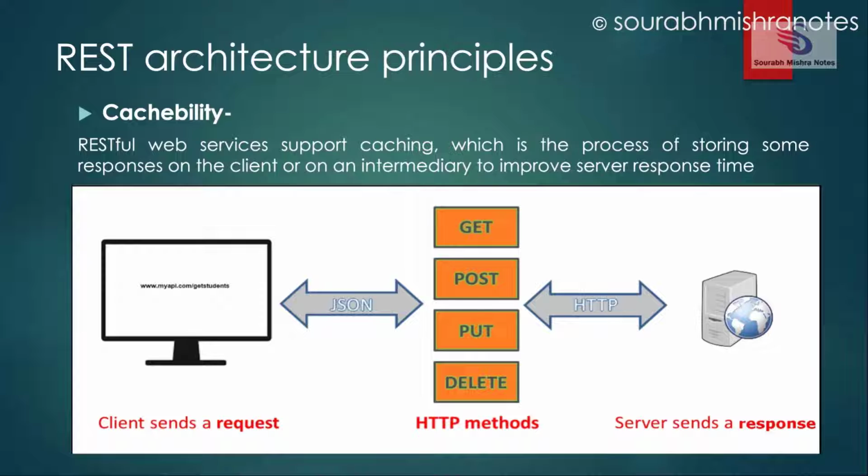Cacheability. RESTful web services support caching, which is the process of storing some responses on the client or on an intermediary to improve server response time. The server cannot take advantage of any previously stored context information on the server.